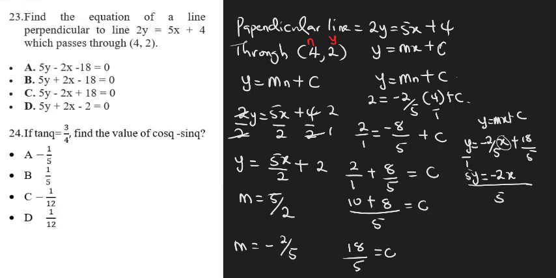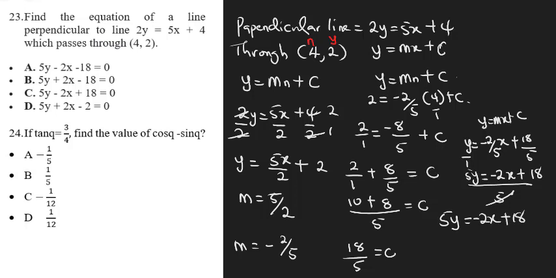Then we have plus 5 divided by 5 is 1, and 1 times 18 is 18. So now we are going to cancel this. Why? Because of the equal sign. Whenever you take the LCM of any equation and there's an equality sign, then if it's an equation, you cancel the LCM. So we are left with 5y equals minus 2x plus 18.